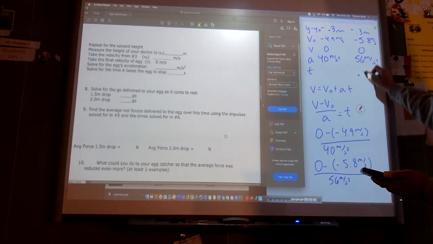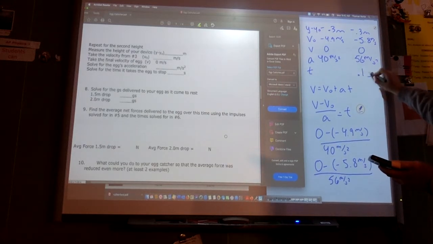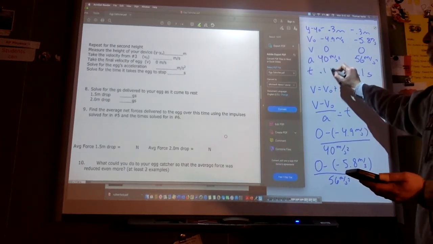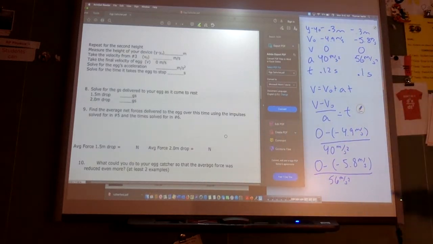So for the larger distance, I have a 0.1 second. And for the smaller distance, I have like a 0.12 time.